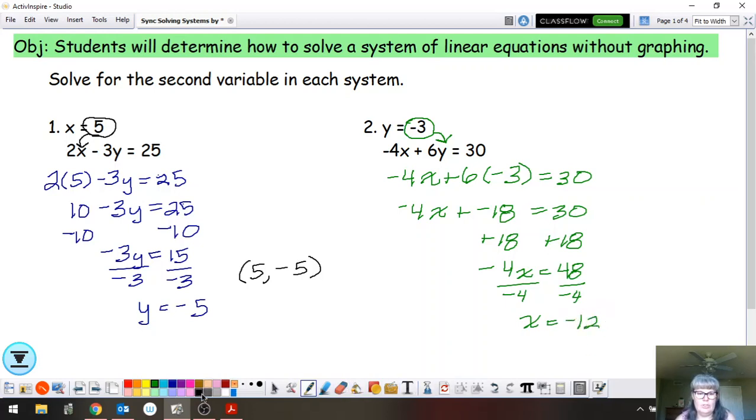The solution then to this system is (negative 12, negative 3). Remember, ordered pairs are always written x first, y second, just like in the alphabet, x first, y second.